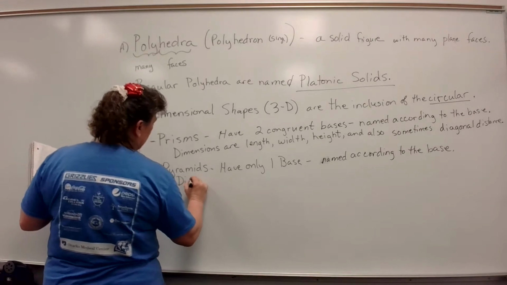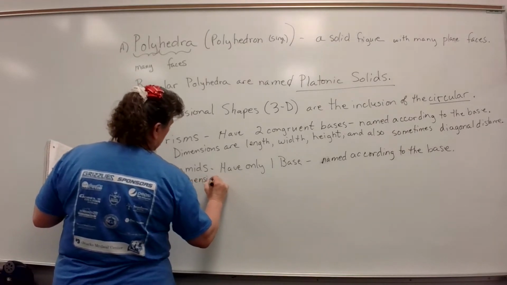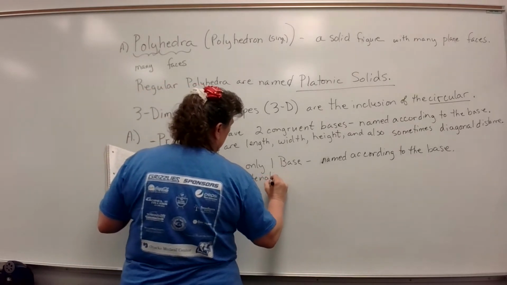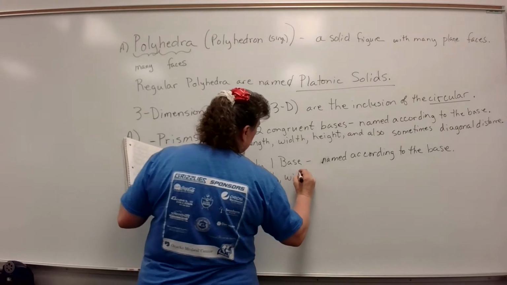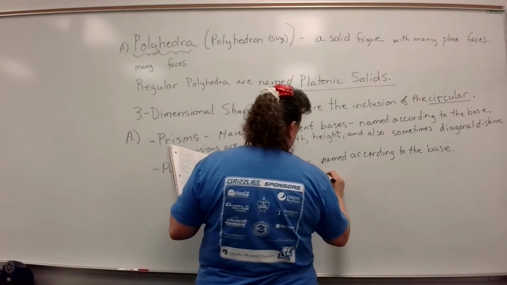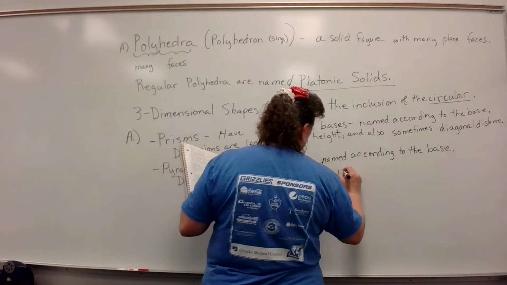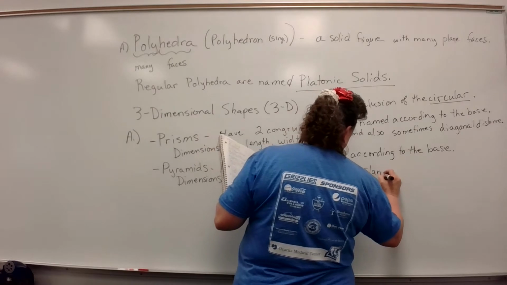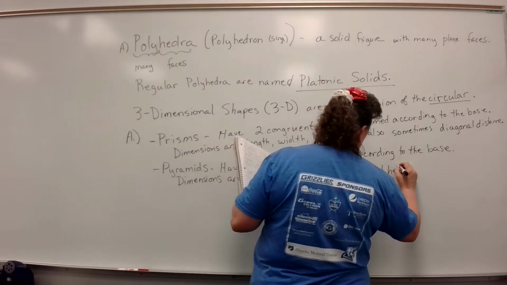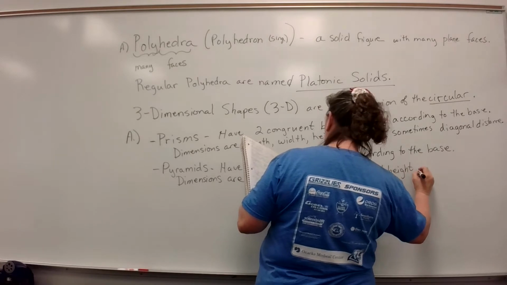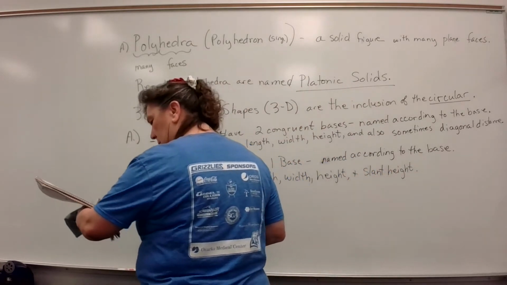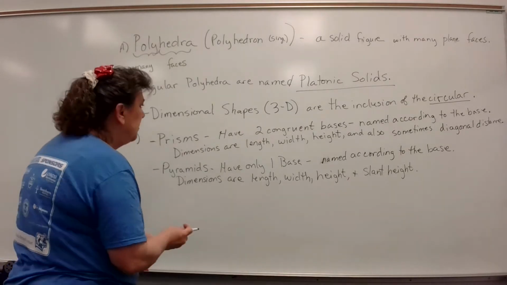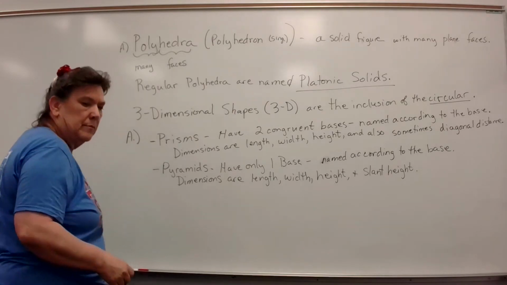The dimensions of a pyramid are length, width, height, and slant height.